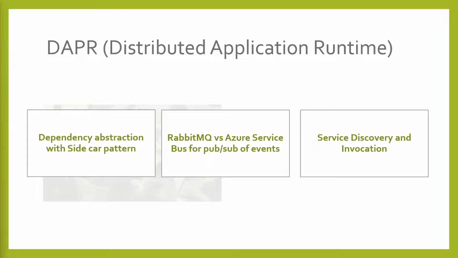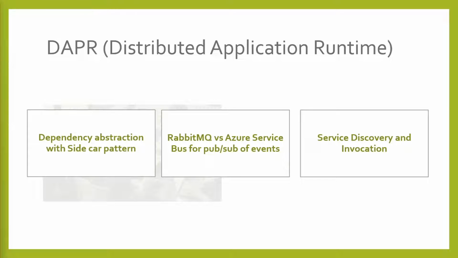There's this DAPR library that provides a framework that allows you to be abstracted from it, right? So you can choose, with little code change, to go from RabbitMQ to Azure Service Bus because it's more effective that way. Perhaps you realize that now you don't have to maintain services like RabbitMQ and can focus on your business logic, right? So it gives us the opportunity for that kind of change later down the road.